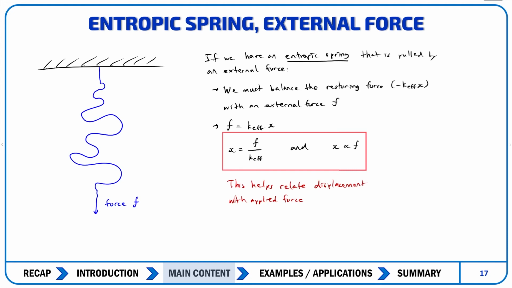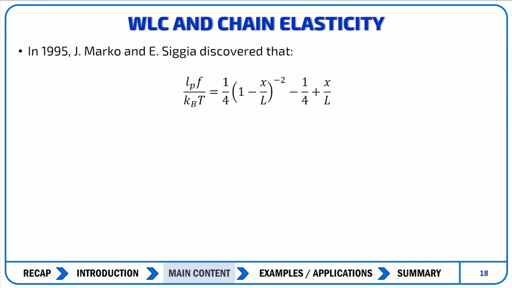The next thing that we're going to talk about is chain elasticity. So now that we have all of these different parameters, it's time to put things together and be able to work on a few models that can be applied to DNA. So here I want to present one model that has been used by researchers since 1995.